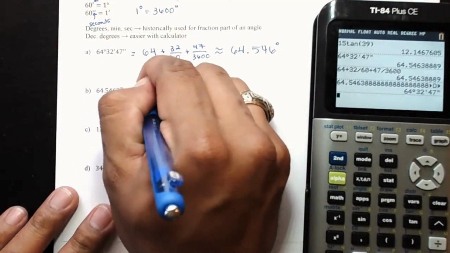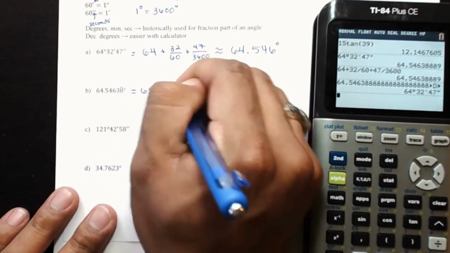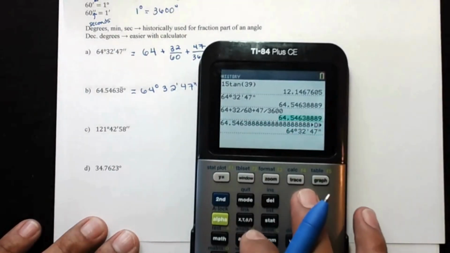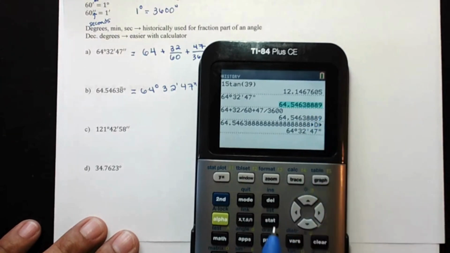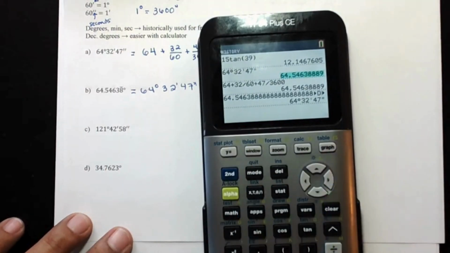This is 64 degrees, 32 minutes, and 47 seconds, which is exactly what part A was. And you can see, if you were to keep going, it rounds in the calculator, but that's the repeating 8. So that's how to go from that.